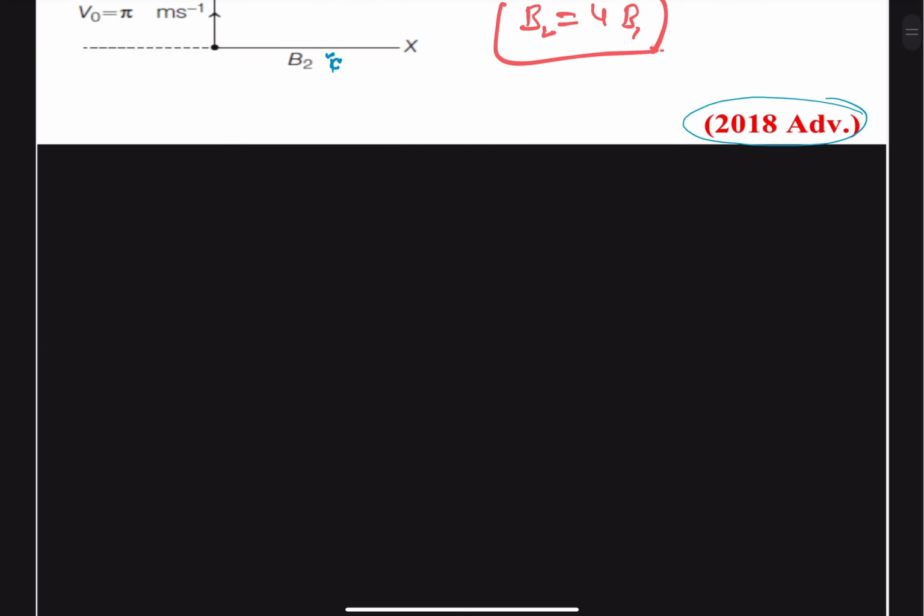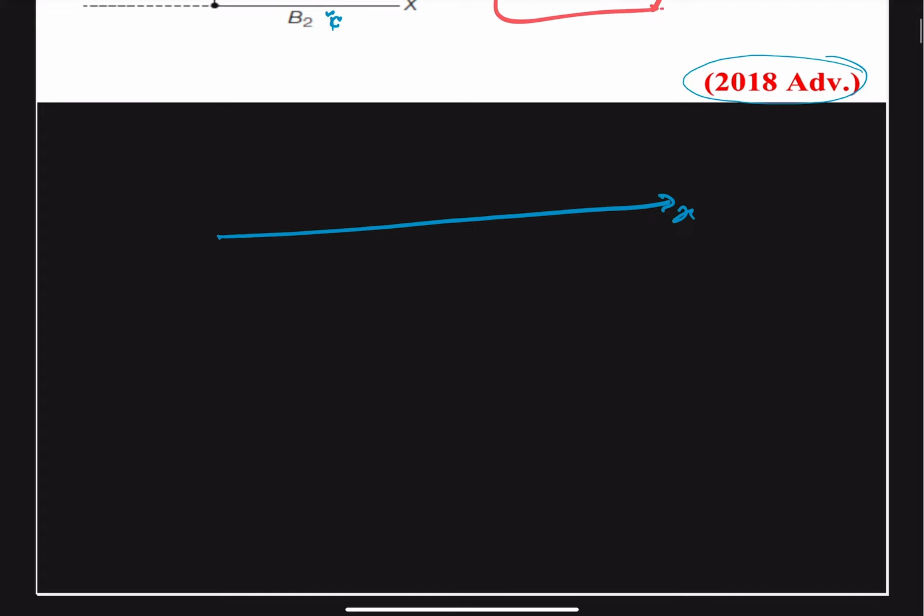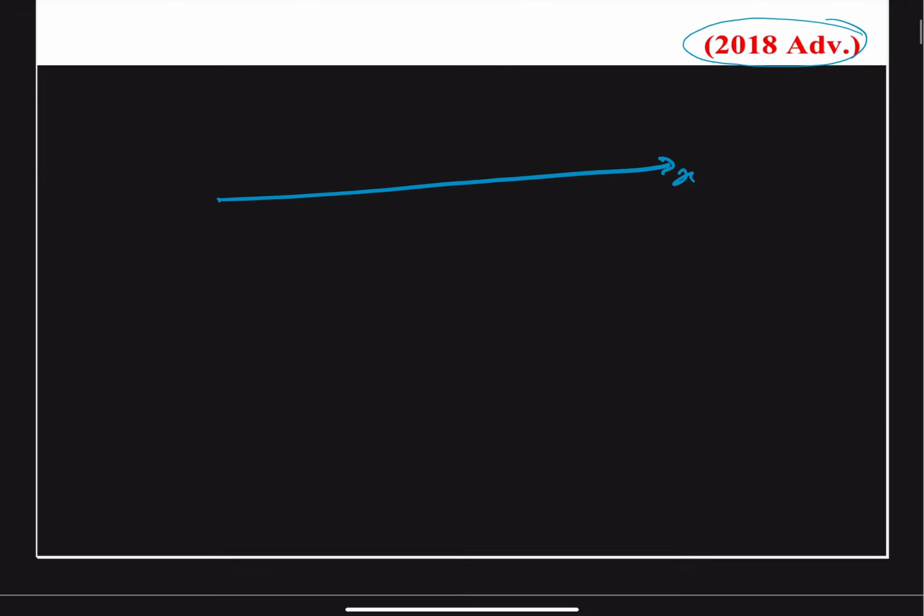So let us suppose this is our x-axis and the magnetic field is along the k vector. Initially it is given a velocity v0, and that velocity is along the y-axis.